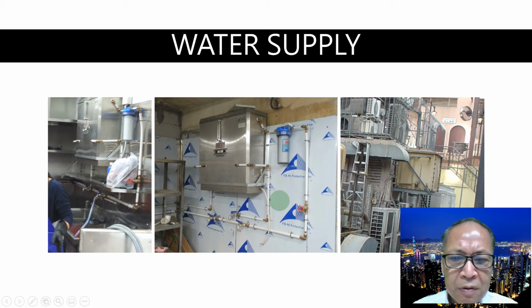So in most cases, we won't hide it inside the wall. This is the freshwater tank, required by the water department. For large consumption of potable water, you need a water system to store the water.